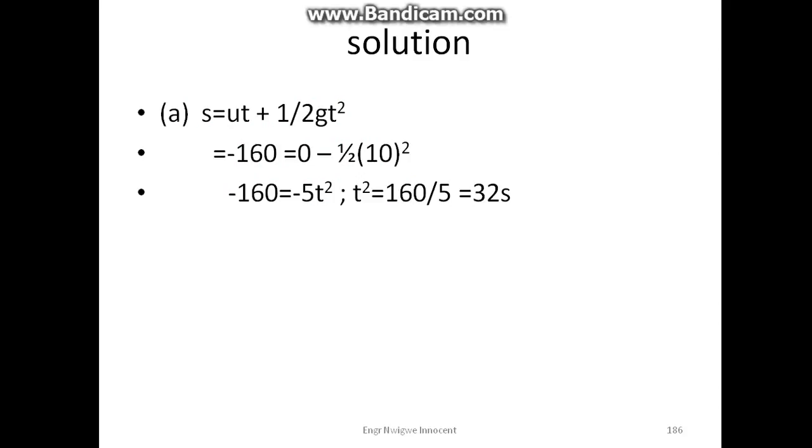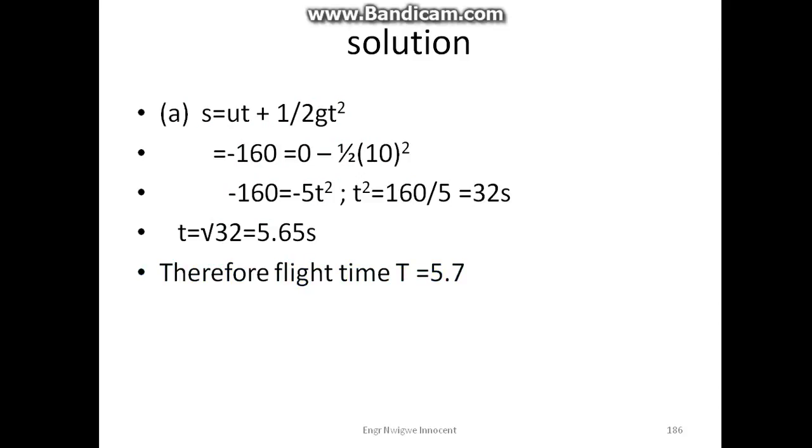T squared is equal to 160 over 5, which is 32 seconds squared. Making t the subject of the formula, the square root will now cross over to become the square root of 32, which will give us 5.65 seconds. Therefore, the flight time, capital T, is equal to 5.7 seconds.